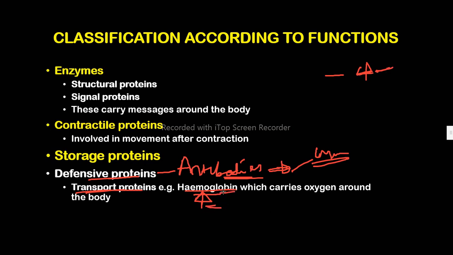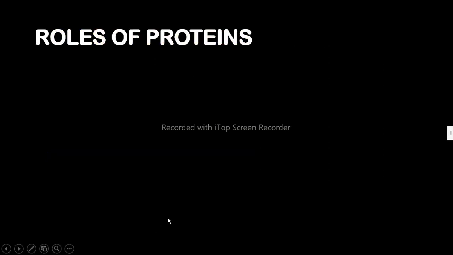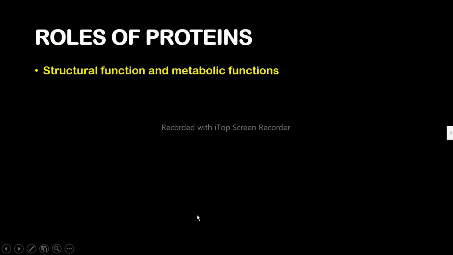And you know how important hemoglobin is to our bodies. Wake up one day and you don't have hemoglobin, and see how you will supply your body with enough oxygen.